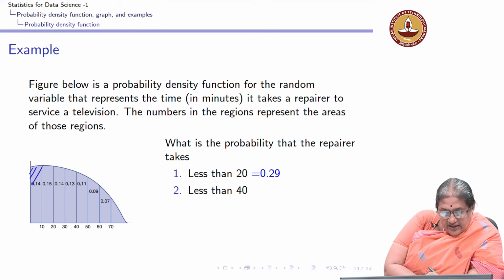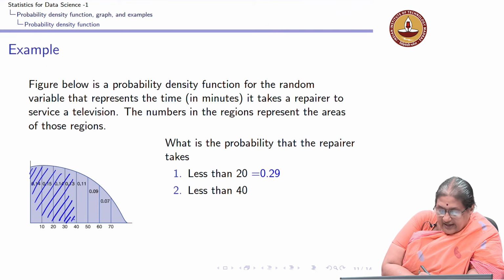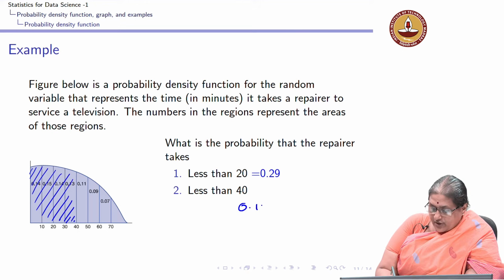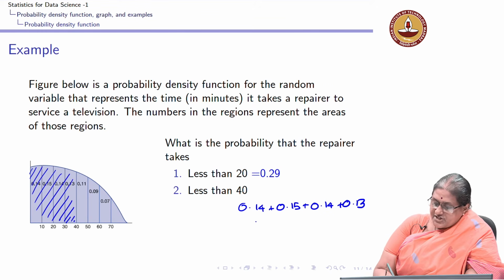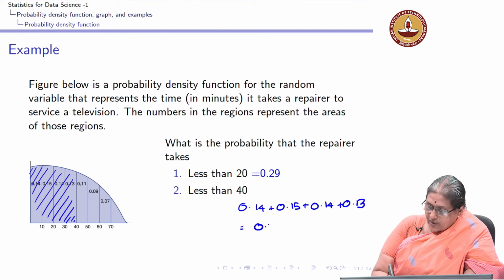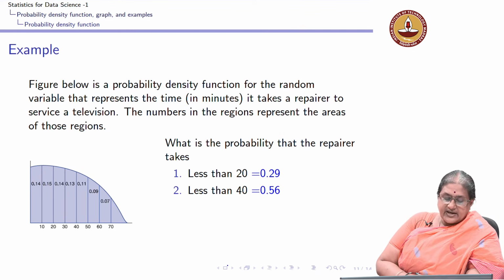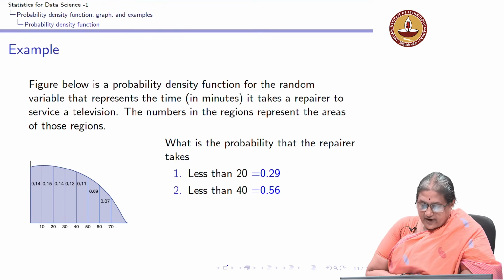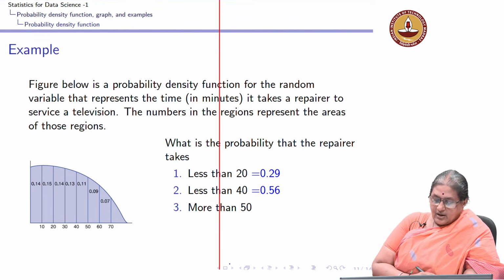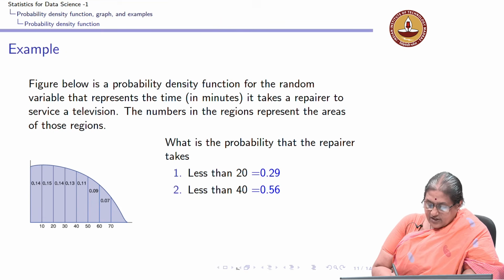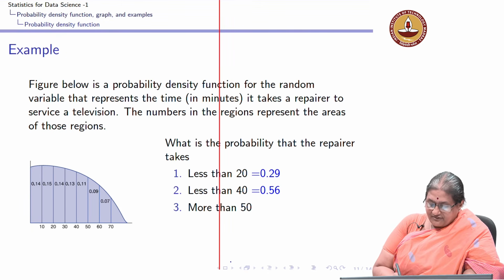That area is going to be this area, and that I can again see is 0.14 plus 0.15 plus 0.14 plus 0.13, which is going to be 0.56. So, that area is 0.56.